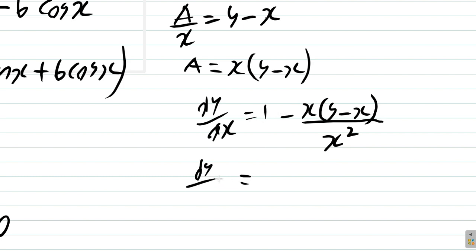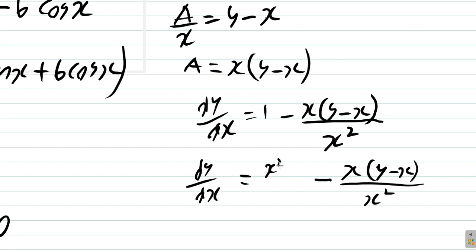So dy by dx equals, if we have common denominators, remember out here we would have an x, y minus x over x squared. So you see that we want something over x squared, minus something else over x squared.